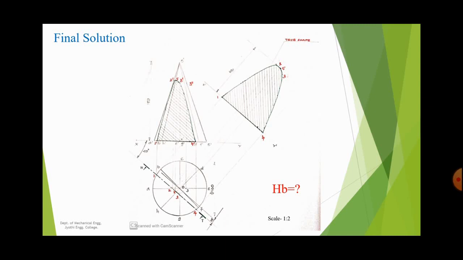So you will get many close points, so you can join them very easily and get the exact shape. Anyway, this is enough. Here you divide the circle into 8 pieces and mark all the points. Now you just measure the value of HB and write it. So that's all about the given question. Thank you.